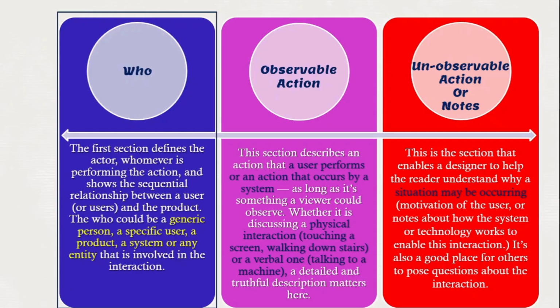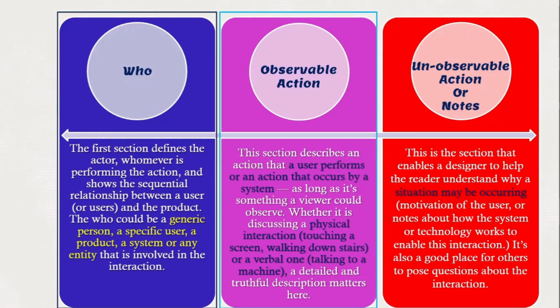Now comes the second section, that is observable action. Observable action we can define in simple words: whatever you are interacting with on the machine or any system, whatever you are seeing, those are known as observable actions. This section describes an action that a user performs, like touching, and that touch action is visible to you, that occurs by a system.